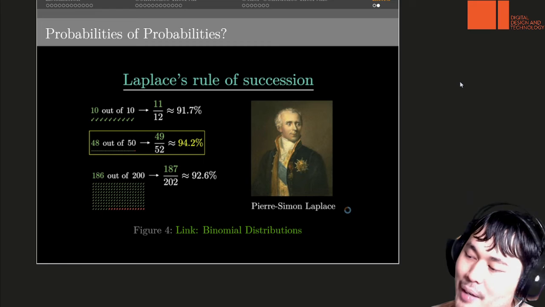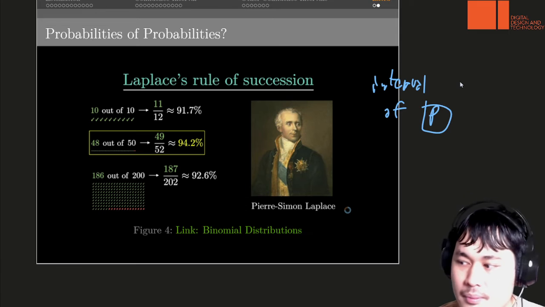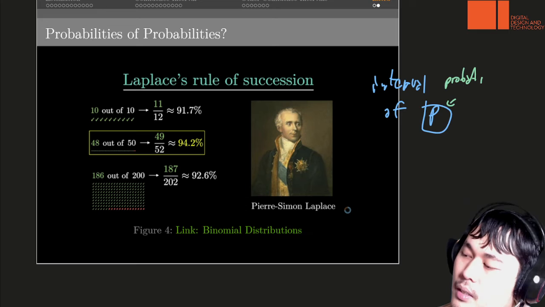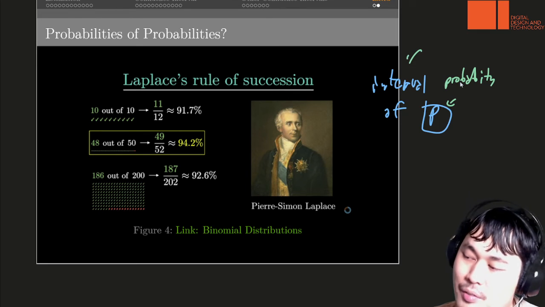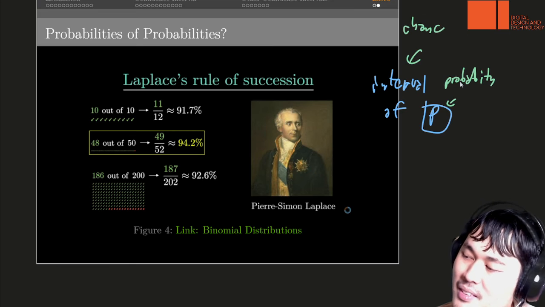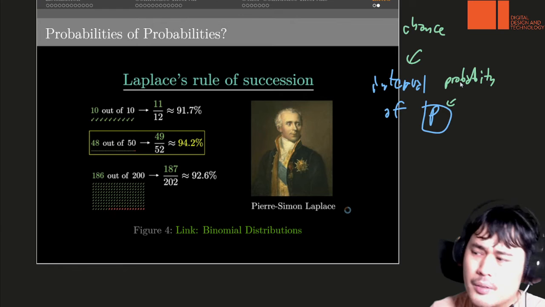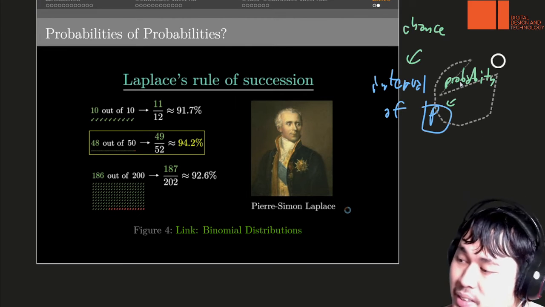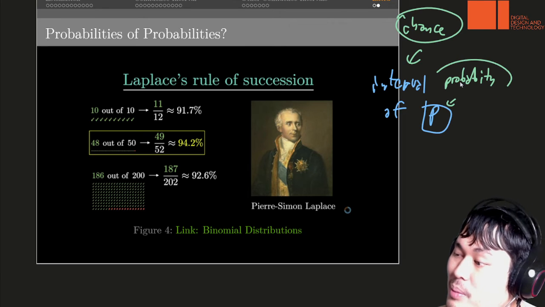Because we have the interval of the proportion, and the proportion can be thought of as a way of probability of the ratio. And this interval gives you the confidence level of that probability. So in a sense, it is a probability of probabilities.